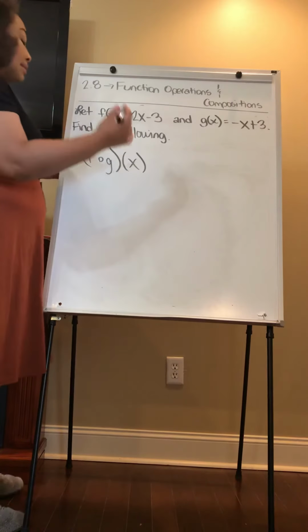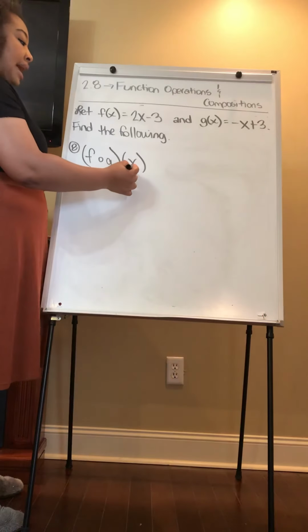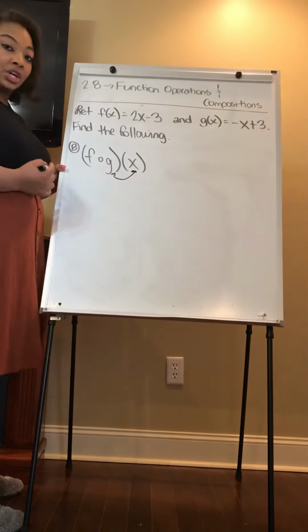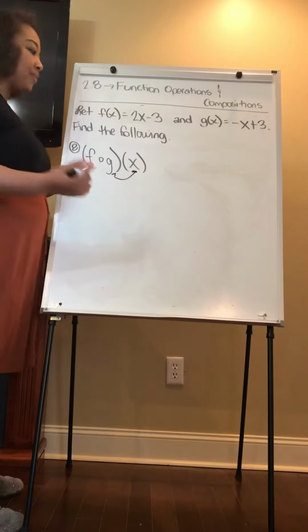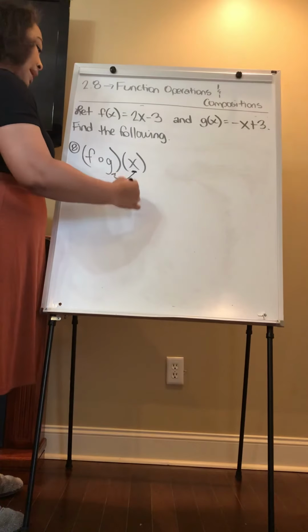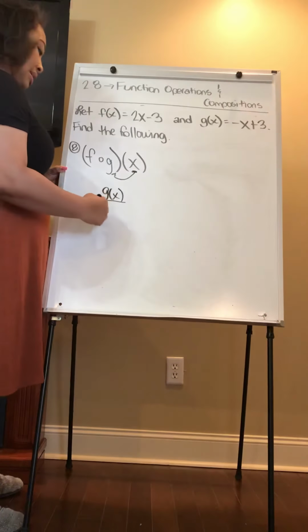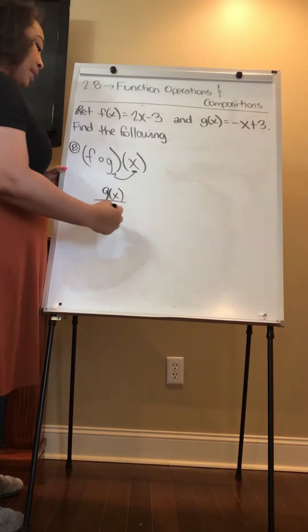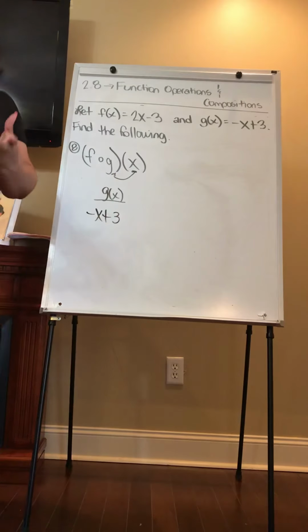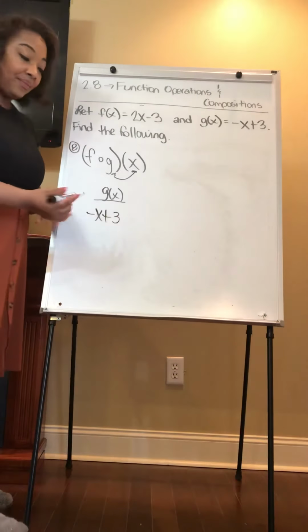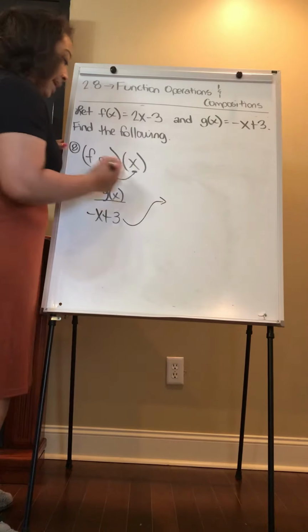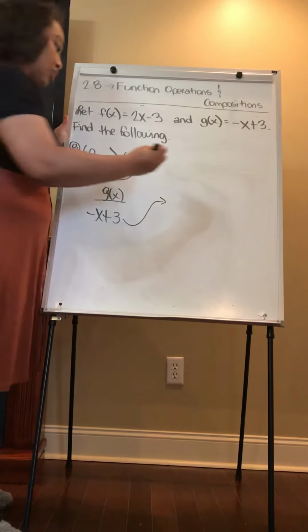So it's the same process, we're going to take the g function. That's the closest one to that x. Well, what does g function say? G function is negative x plus 3. Now, there's nothing for you to do, but you're going to take that entire function and plug it into the f function.